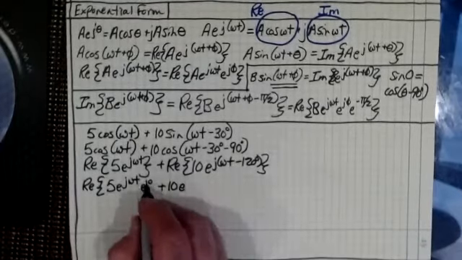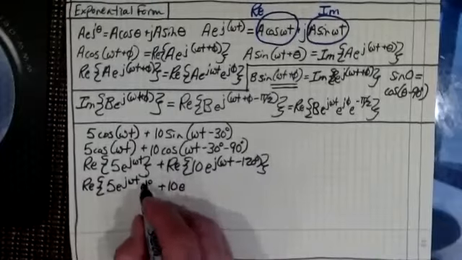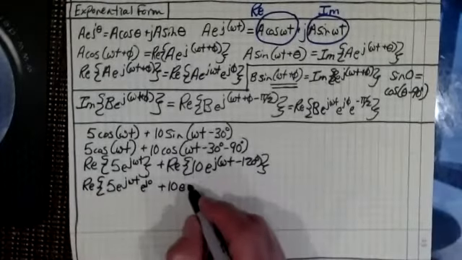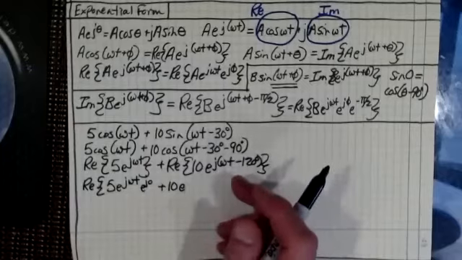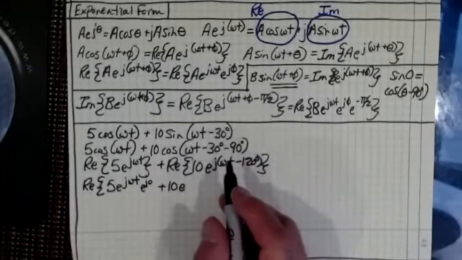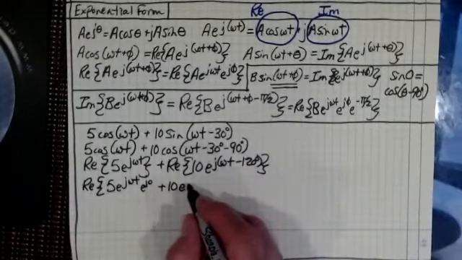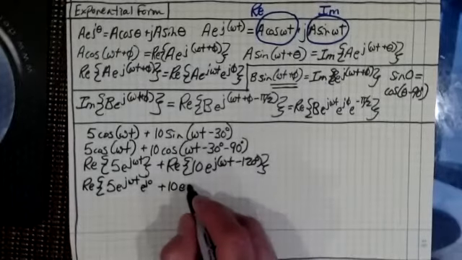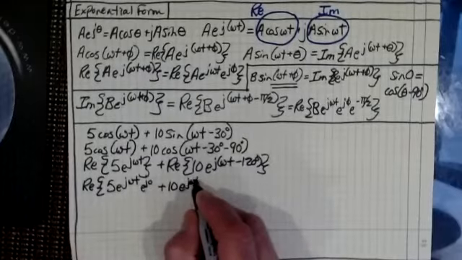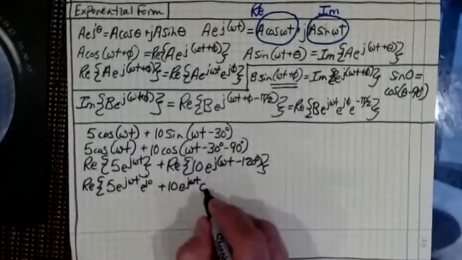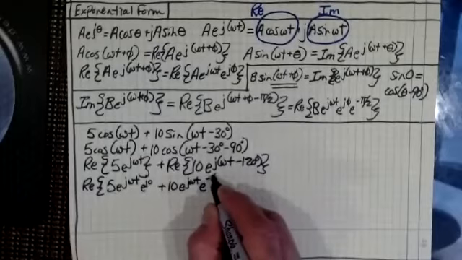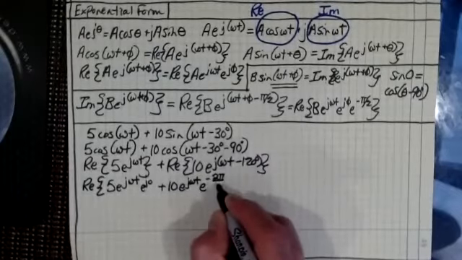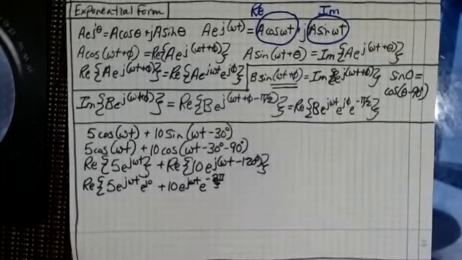Oh, I'm sorry, there should be a j there, shouldn't there? There's a j0. Yeah, that's fine. It doesn't really make any difference, it's still 1. So I've got 10 e to the j omega t, and then e to the minus j 2 pi over 3. Does everyone see how that worked there? I hope.